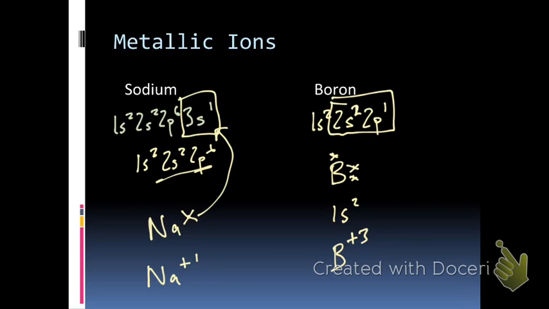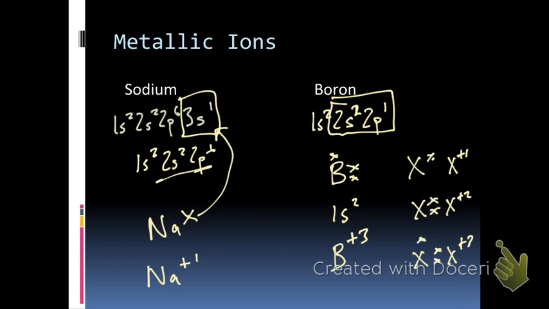What we basically want you to see is that anything in group 1 has 1 valence electron, anything in group 2 has 2 valence, anything in group 3 has 3 valence. What it's going to do is, in all these groups, it's going to lose electrons. So this will be X plus 1, this will be X plus 2, this will be X plus 3. It's going to lose these electrons.